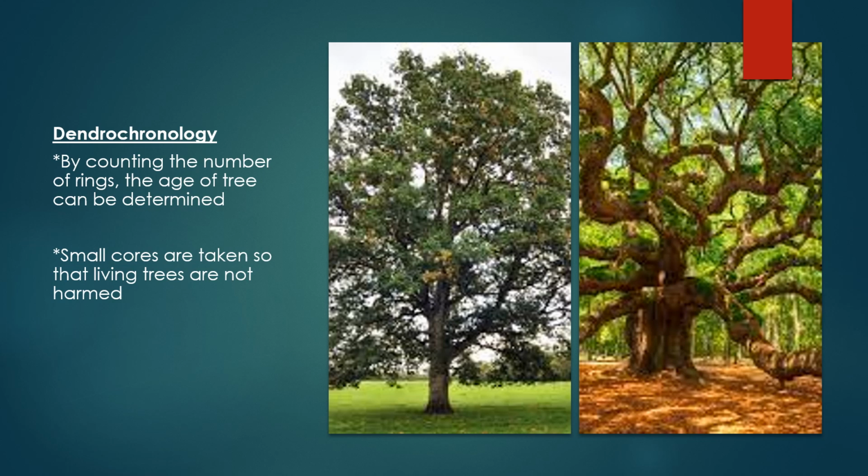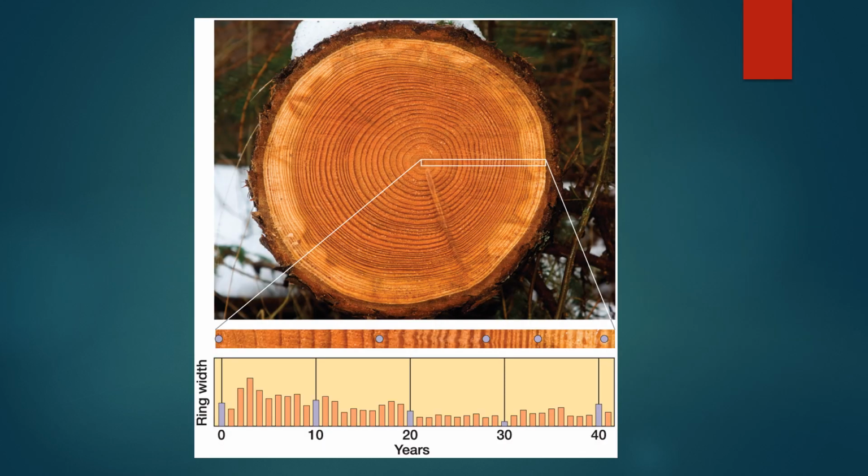Different rings can tell us different things. You're going to have some rings that are thicker, as you see here, and some rings that are thinner. Some years they may skip a ring of growth, some years they may double in growth. So that's going to tell us different things that were happening in the environment, climate-wise, right?